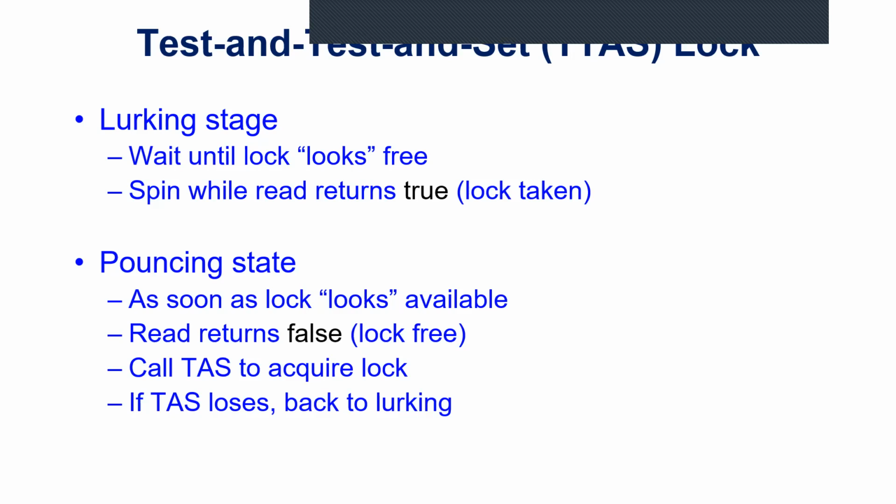The spinning loop continues as long as the read operation indicates that the lock is still taken. The purpose of this spinning loop is to actively wait for the lock to become available, with the expectation that the lock will be released soon.